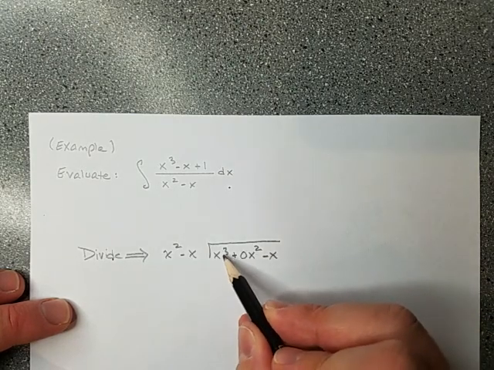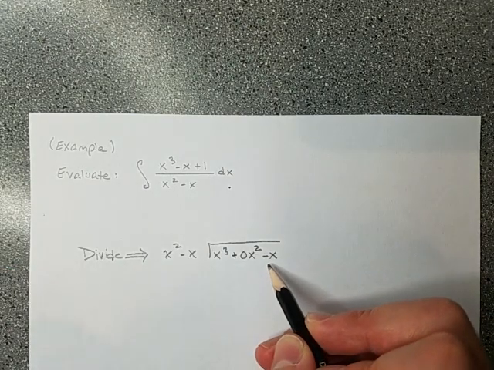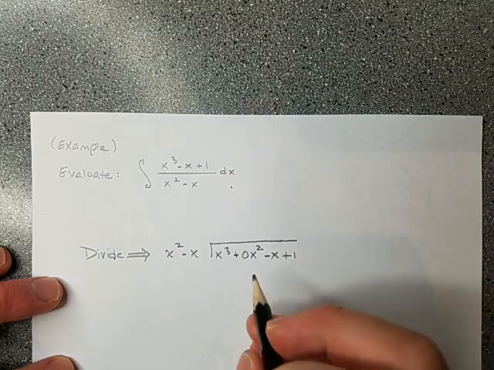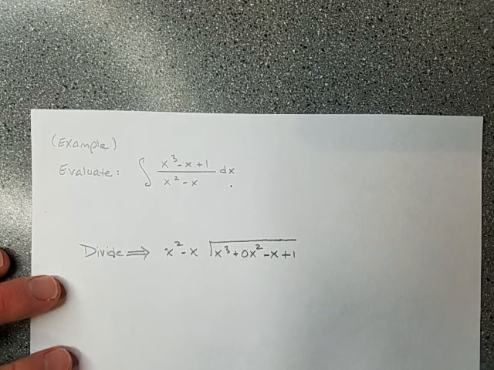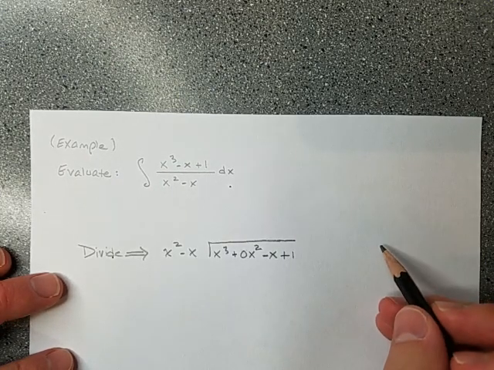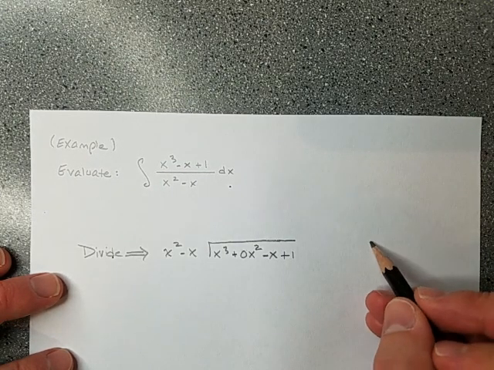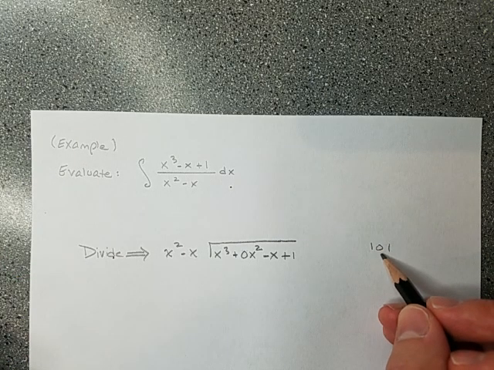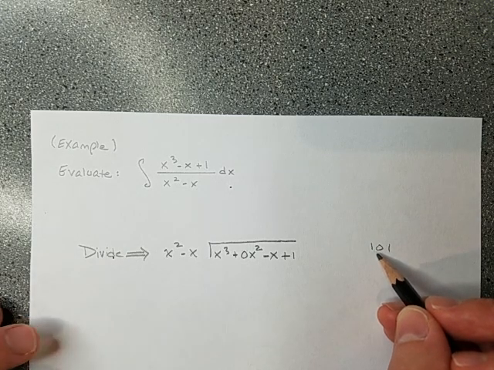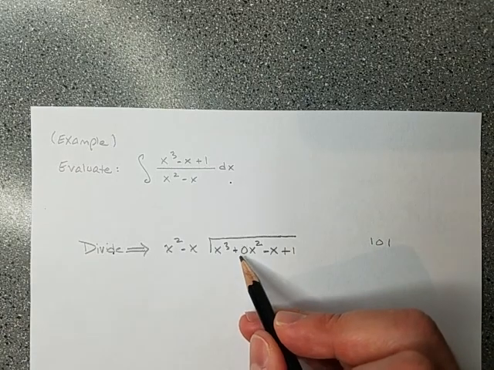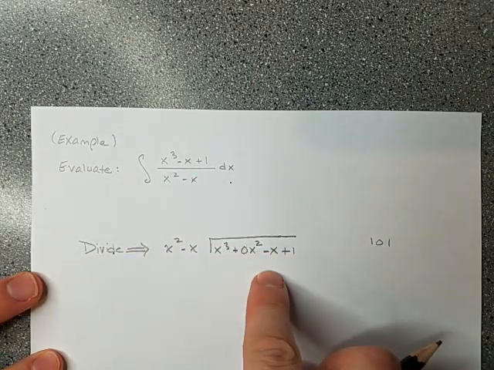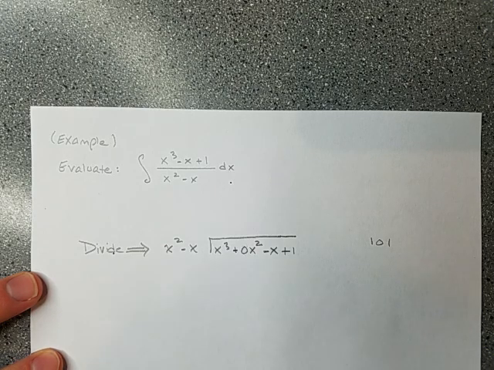So I got 1x to the third power, no x squares, negative 1x, and then plus 1. If you like to put the 0 in, we'll do it. In fact, that's why, when we write numbers like 101, that's a 1, no 10s, and 1. We can't just leave the 0 out because then it will look like 11. All right, so here, maybe the 0 helps you follow it a little bit better. All right, so I got what I'm dividing into right there, dividing by x squared minus x.